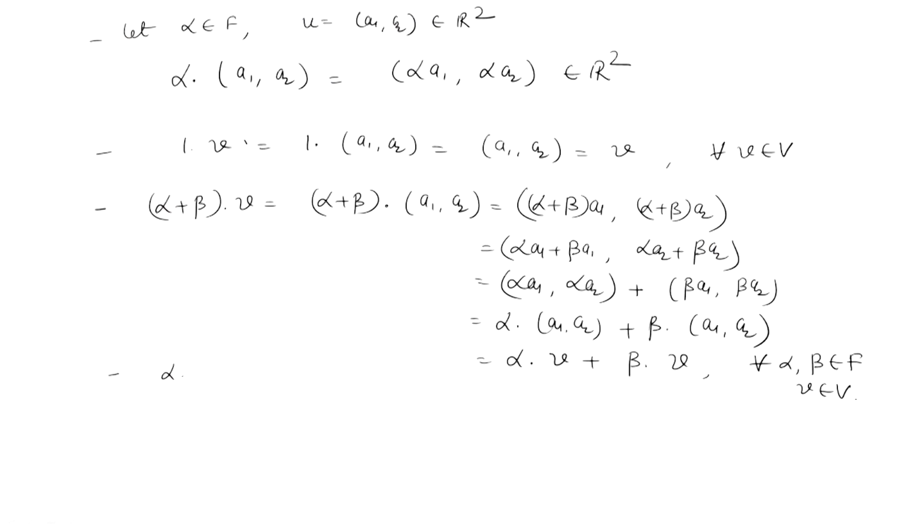And the last property is alpha dot (U plus V) must be equal to alpha dot U plus alpha dot V. To prove this property, say U is (A1, A2) and say V is (B1, B2).